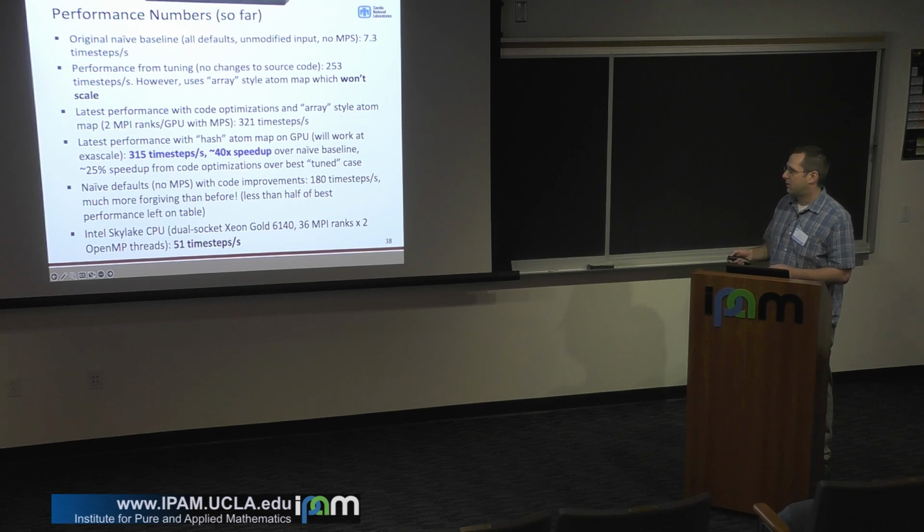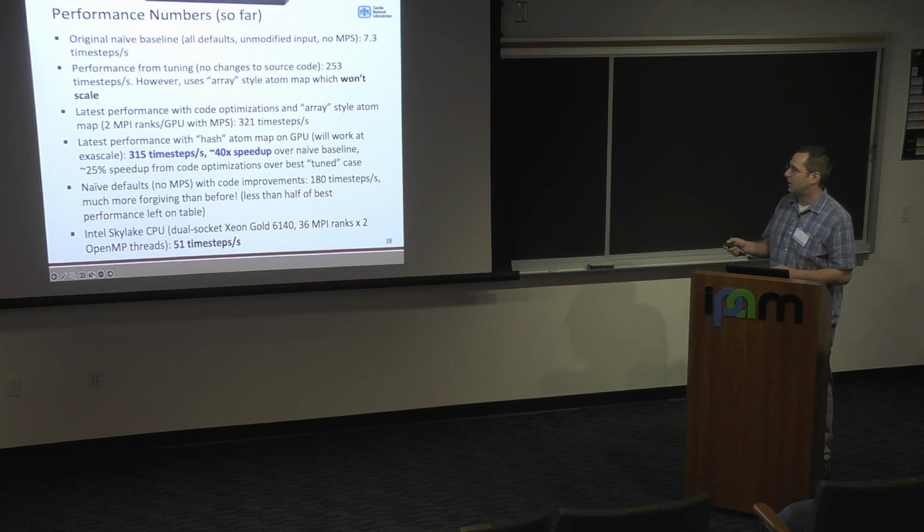It's a little bit less than the array style, but we still get 315 timesteps per second. That's a 40x speedup over this naive baseline, and about a 25% speedup from our best tuned case. So that was the optimizations to the code over just tuning the parameters in the LAMMPS input script.